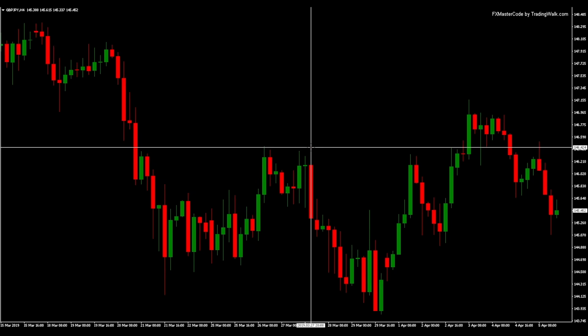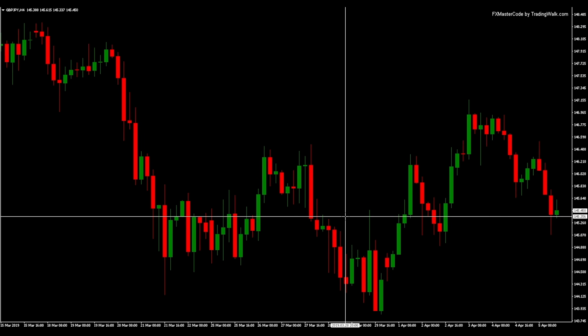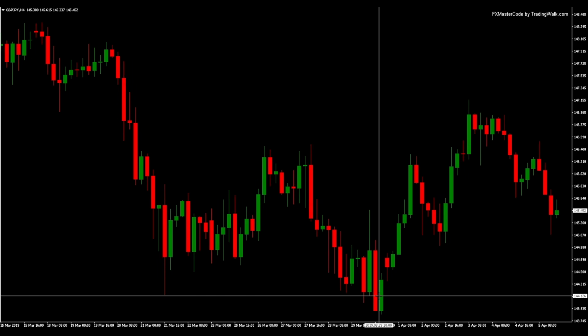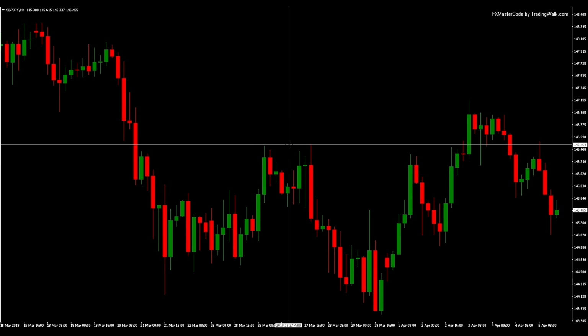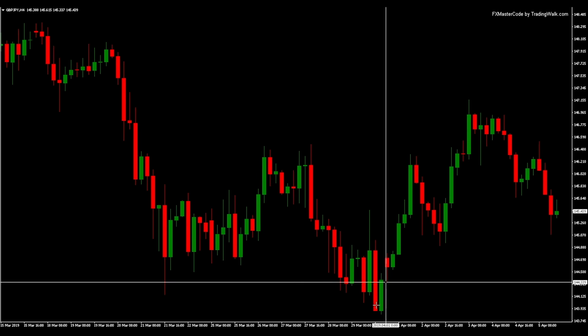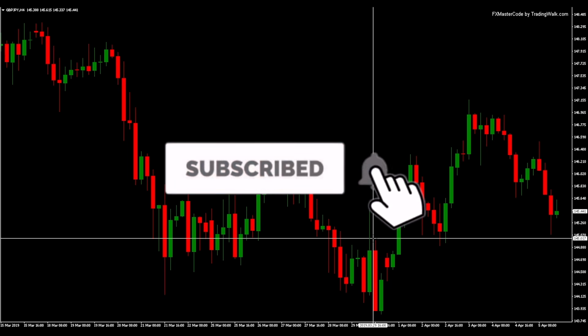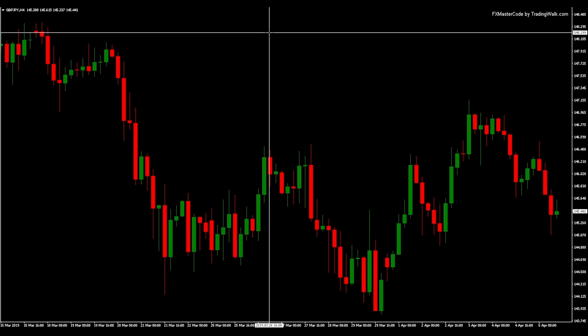We just take out the stop losses above here and then immediately turn back to the most recent level. So you need to be aware of double tops and taking out stop losses above recent highs and below recent lows. But let's get back to FX Master Code and the analysis behind the recent trades here.